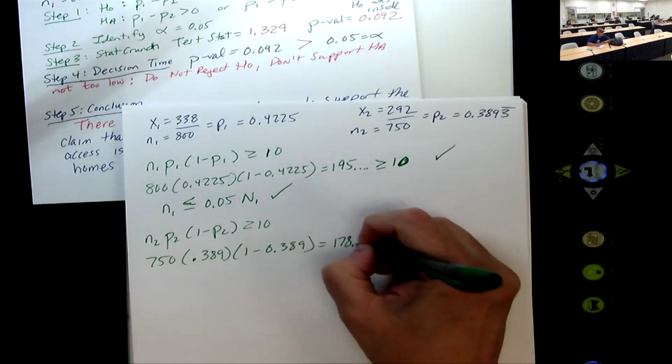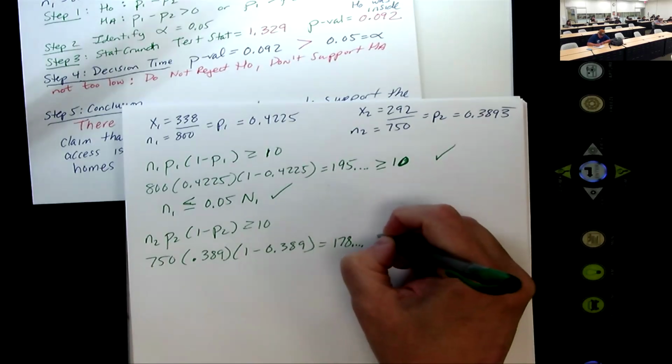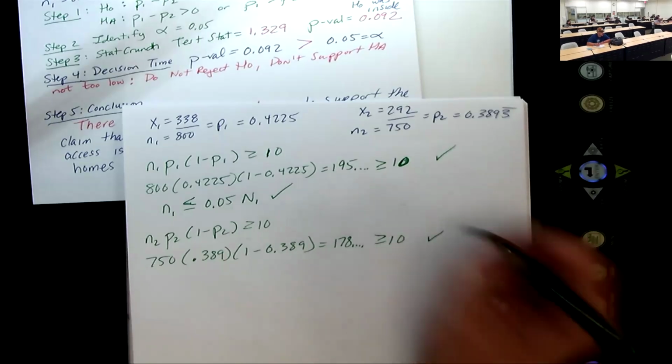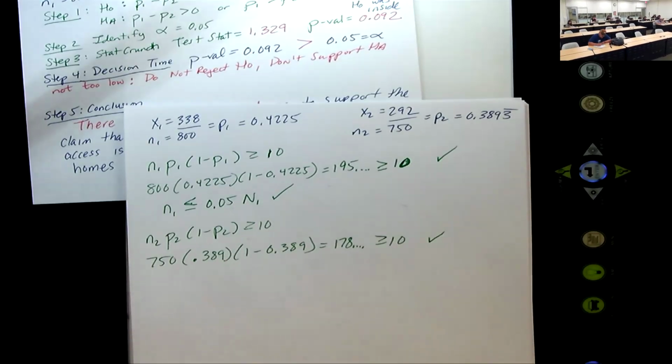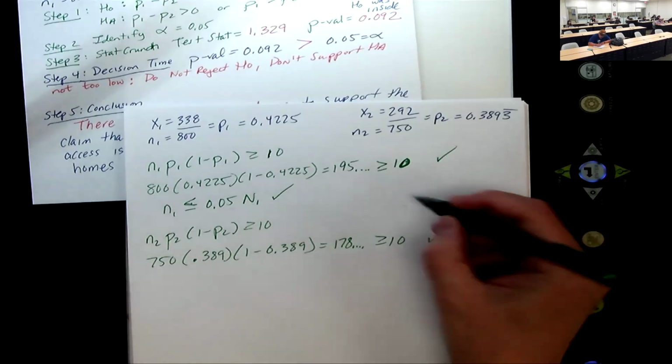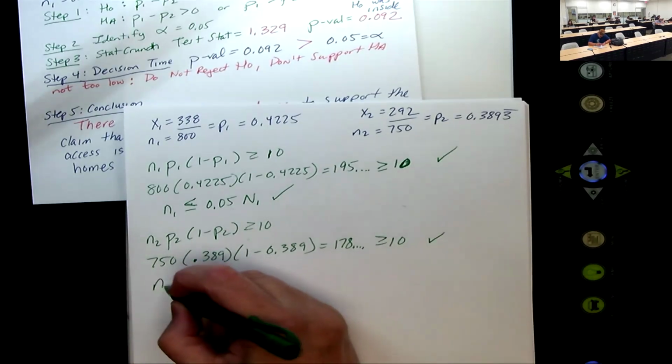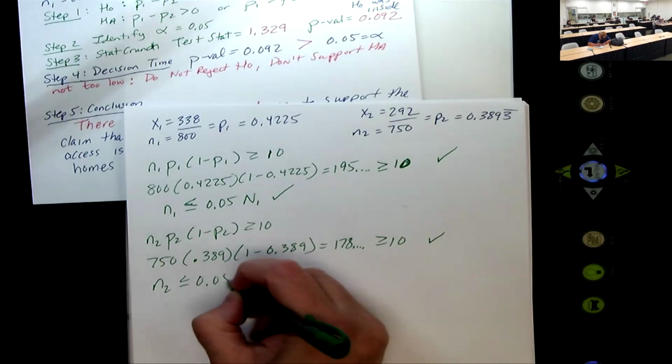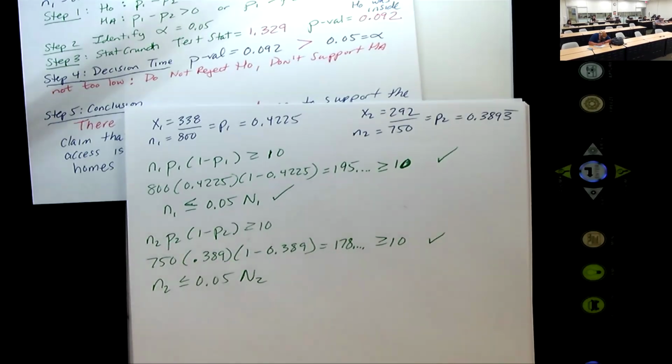I'm getting 178 and some change, which is also definitely greater than or equal to 10. And N2 is definitely less than 5% of big N2. We only sampled 750 country homes and there's a huge number of country homes.